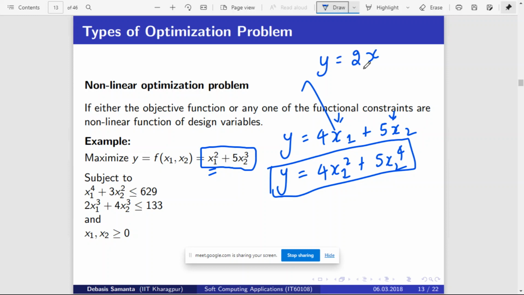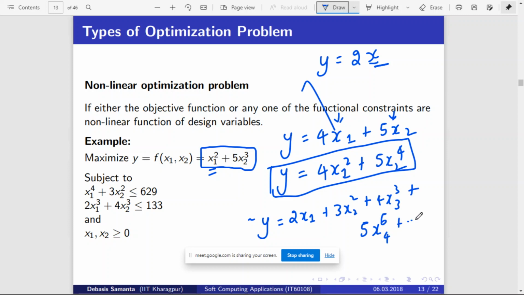Here it's only one parameter and its degree is also 1. But if you see here, it has two parameters and its degree is 4. Similarly, if you take some other function, something like y is equal to 2x1, 3x2 square, 4x3 cube, 5x4 to the power 6, and so on and so forth.